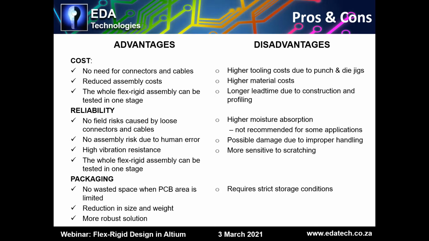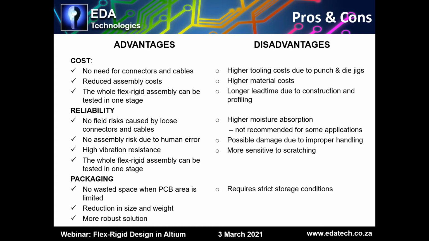However, there have been great material improvements over the years, so we can also advise you on materials from DuPont, as well as materials from Panasonic that are very, very good. And of course, it's sensitive to scratching, so handling is very important, and you need to store it under the right conditions, mainly because of moisture absorption. That's the main reason.